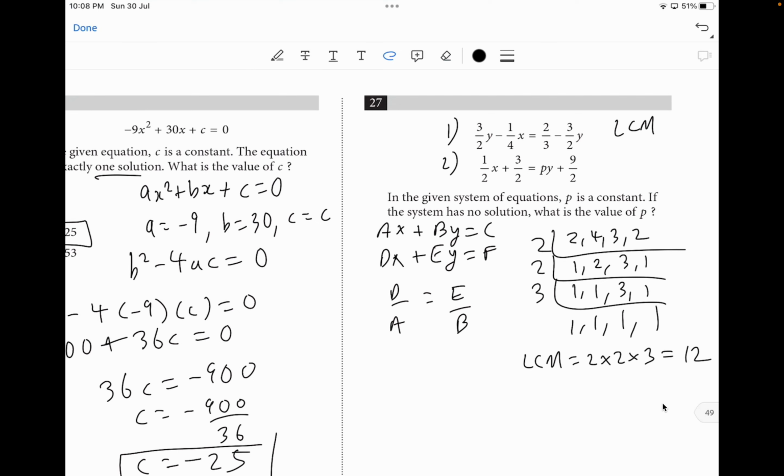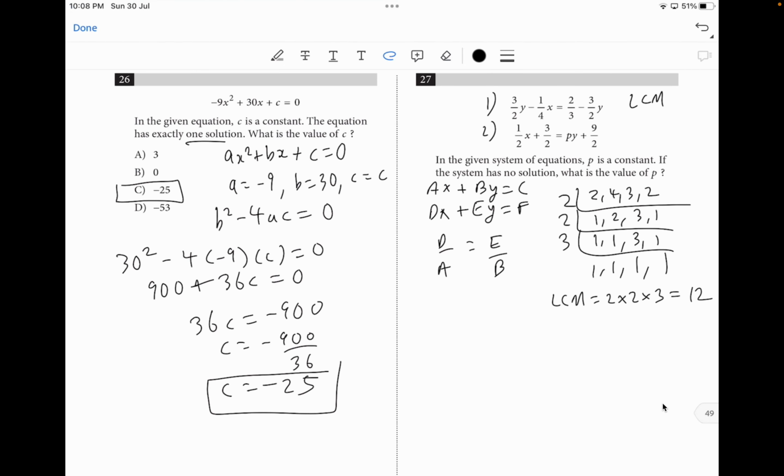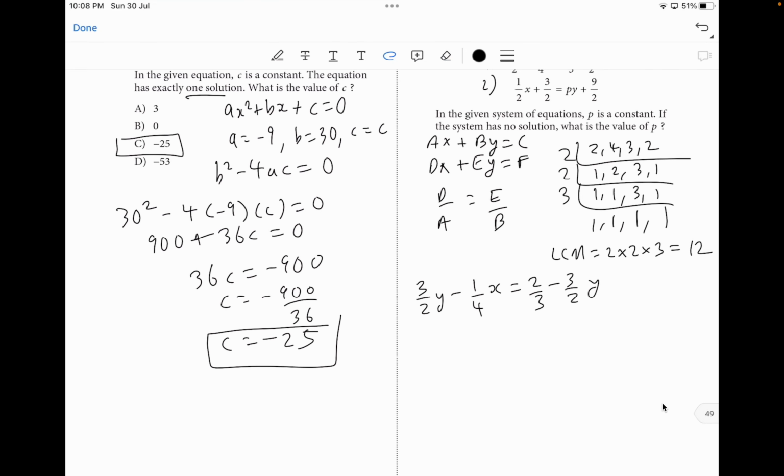So you're going to multiply the first equation all by 12, just to remove all the denominators. That's the first thing we're going to do. You have 3y minus 1/4 x equals 2/3 minus 3/2 y. You multiply all of it by 12.